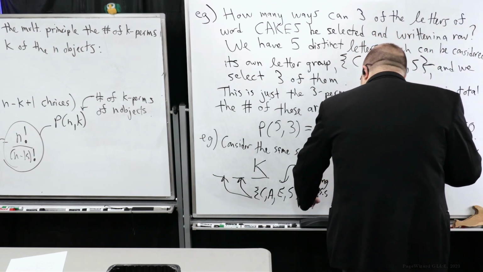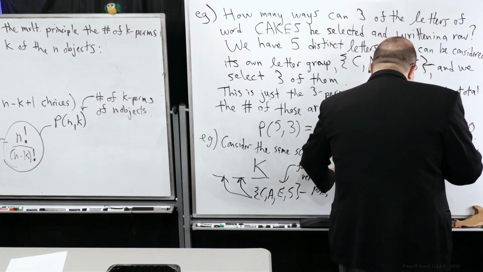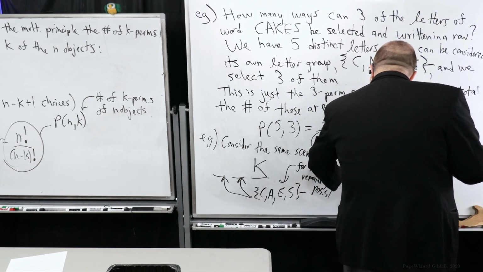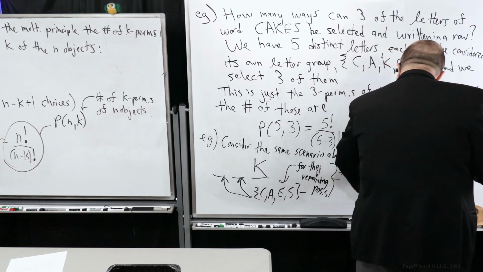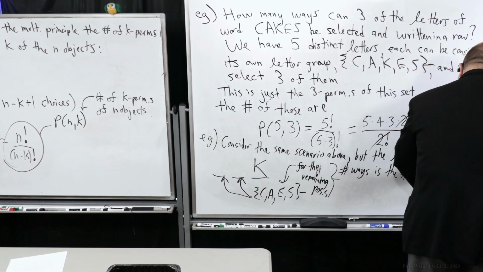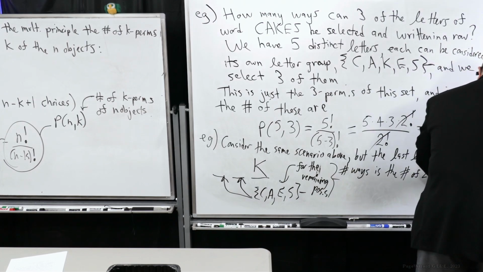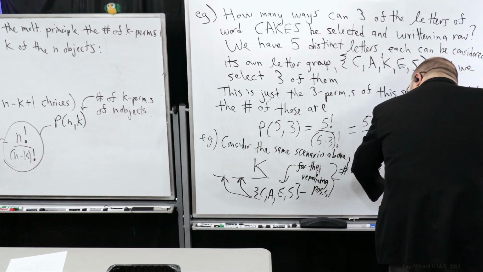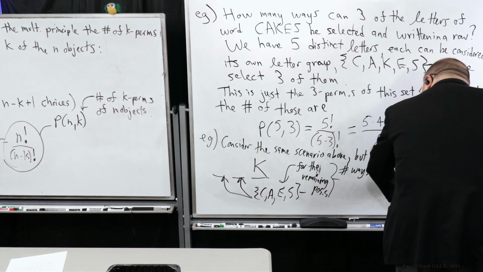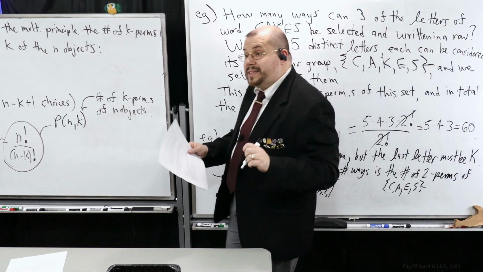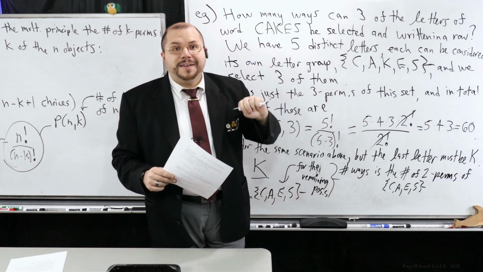So let's clarify this. The number of ways is the number of 2 permutations of this set, CAES, which has 4 elements in it.